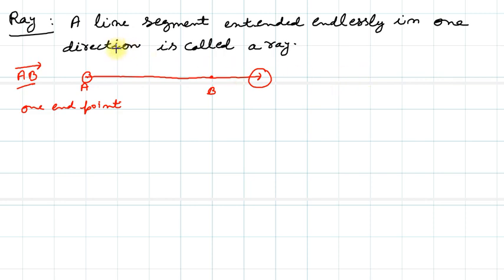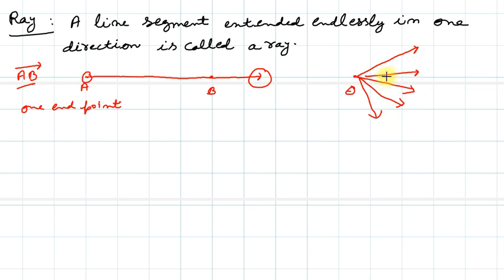Suppose I put an initial point O here. Can I draw any number of rays from O? Yes, like this, like this, like this, like this.